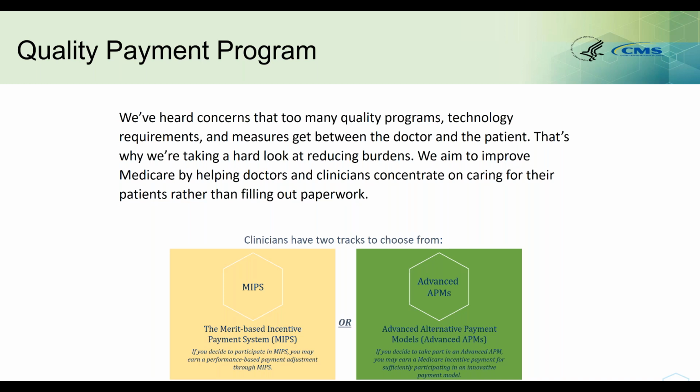And the other pathway is advanced APMs, and these are APMs that base payment on performance on quality measures, and that require the use of certified EHR technology, but that also take on what's called more than nominal risk, which really is downside risk. And so we think about 10 to 15% of clinicians in the first year of the program are part of advanced APMs.